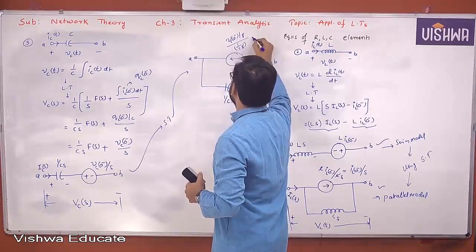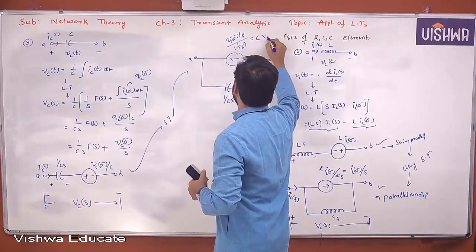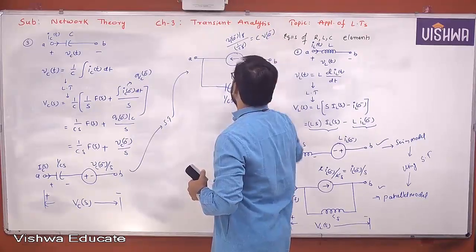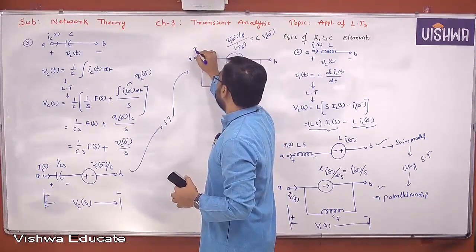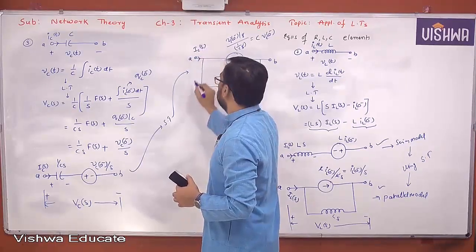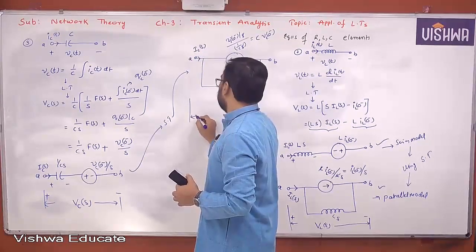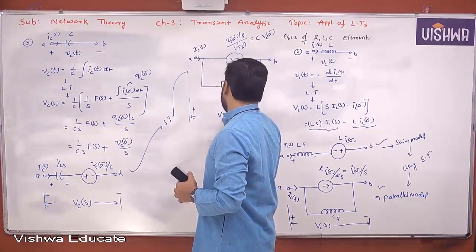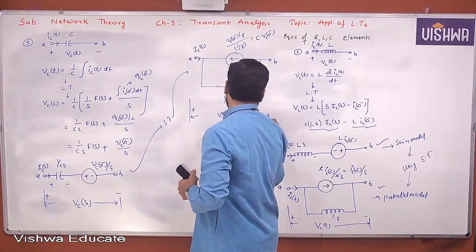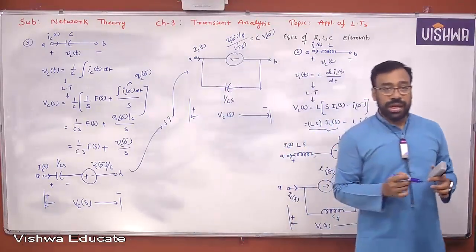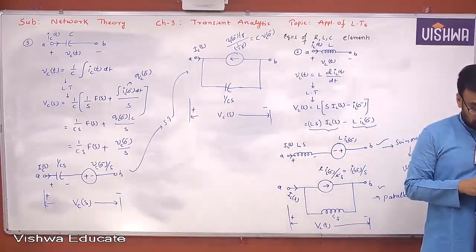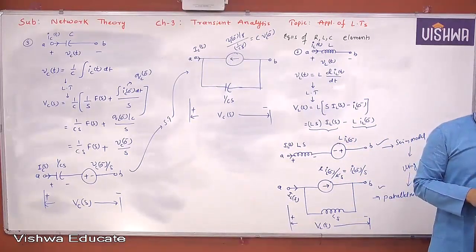S gets cancelled, and finally C VC of 0 minus is very, very important here. Okay, this is IC of S, and you got, let us say here, the voltage. Already you had this voltage VC of S. Okay, so this is how you can derive the S domain equivalent.